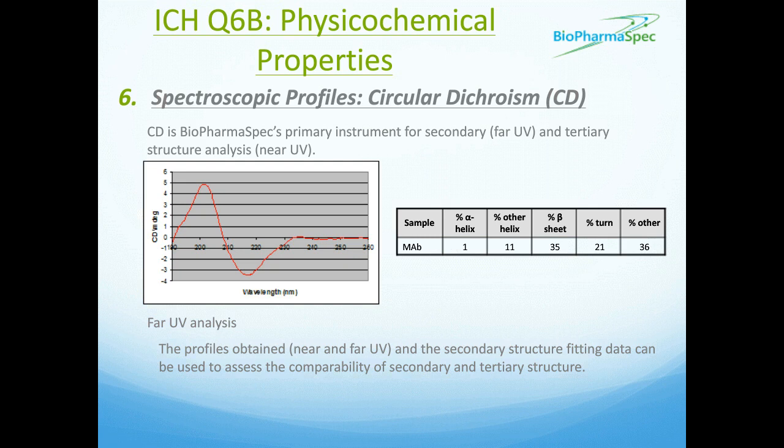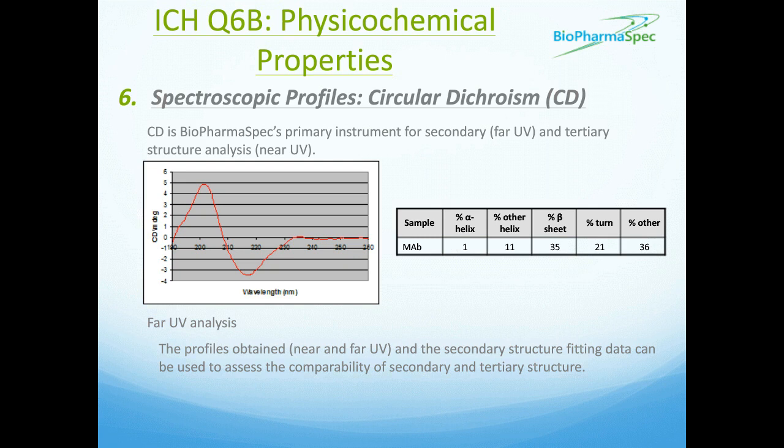Now, one of the advantages, alongside the visual inspection and interpretation of the data, is you can then input this spectral data into a structural prediction program that is based on a known set of proteins with a known set of structures.